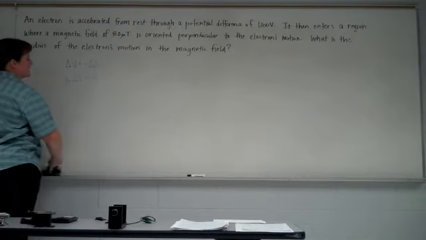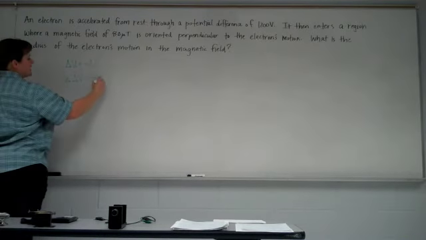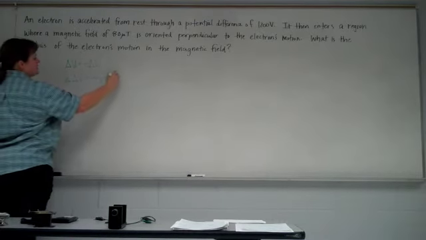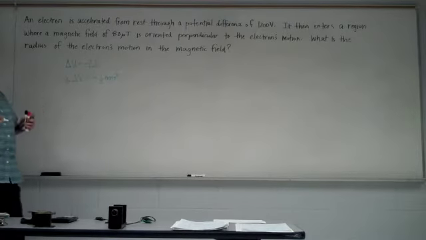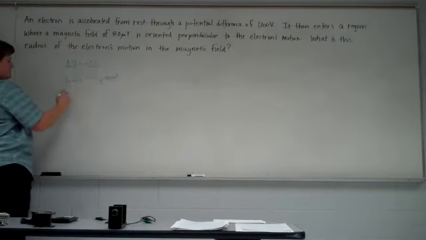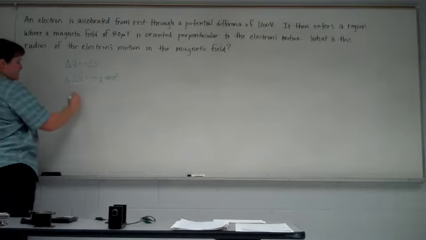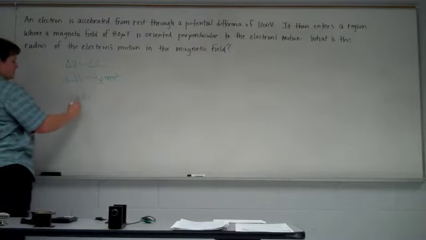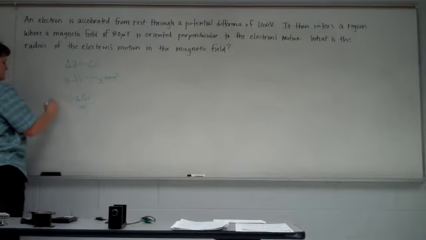We know change in kinetic energy is final kinetic energy minus initial. But there was no initial kinetic energy because it was at rest. So solving for speed, let's get the 2 over here, negative sign, mass.